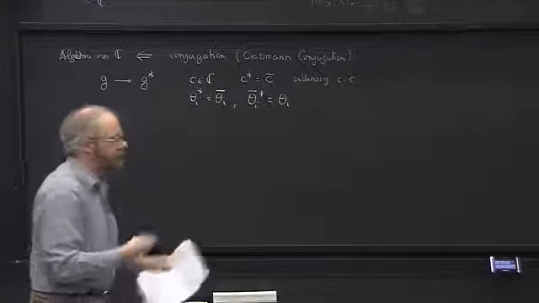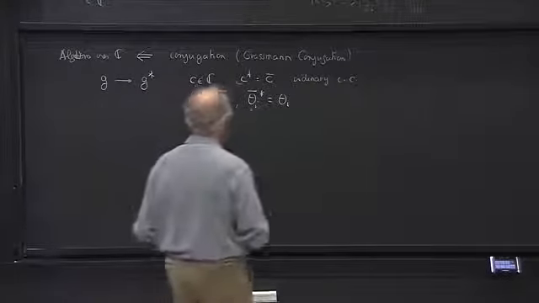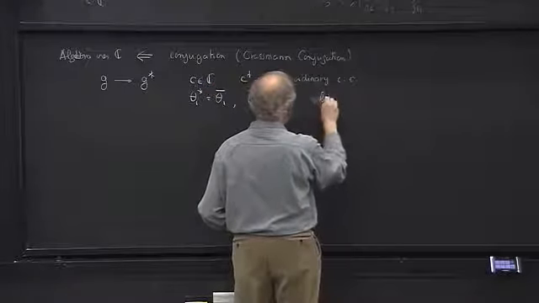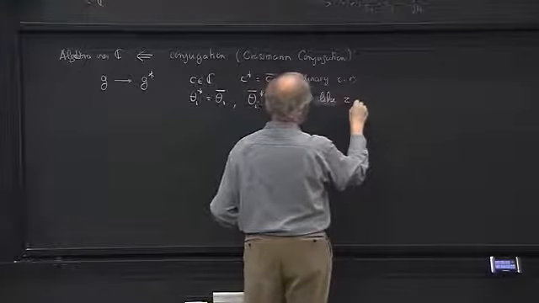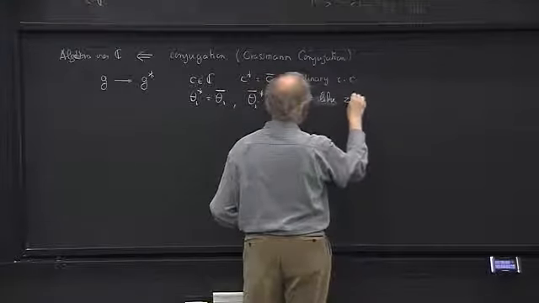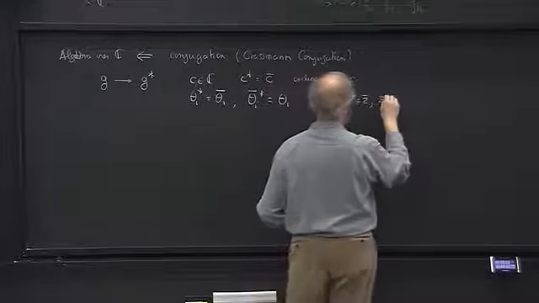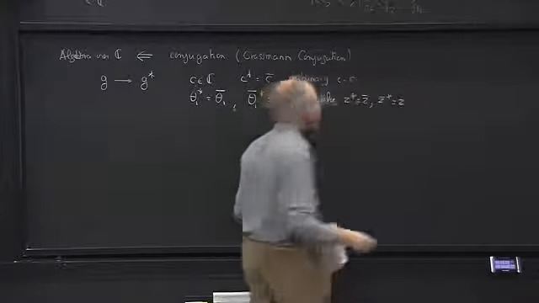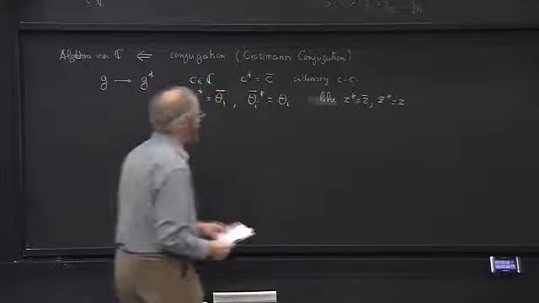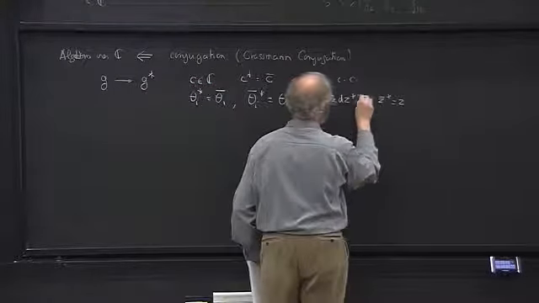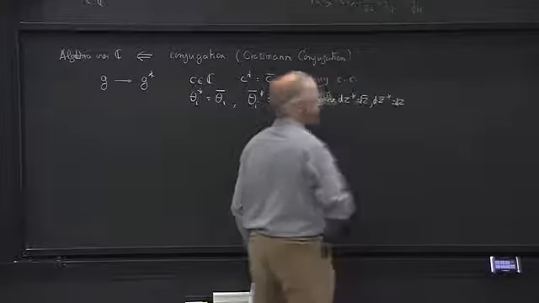Okay, so that's just an extension of, or if you prefer, it's like z and z bar. So set z star equal z bar and z bar star equal z for complex numbers. But here they are generators, so it's rather like dz equals dz bar and dz bar equals dz.